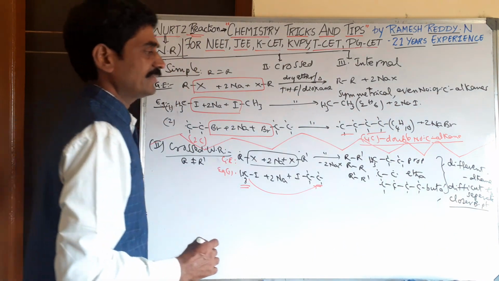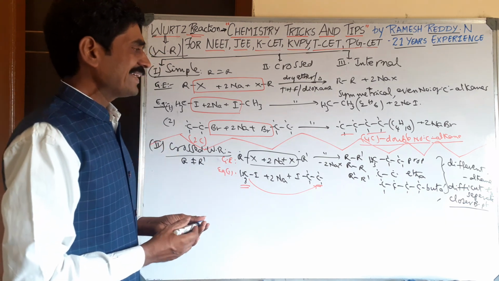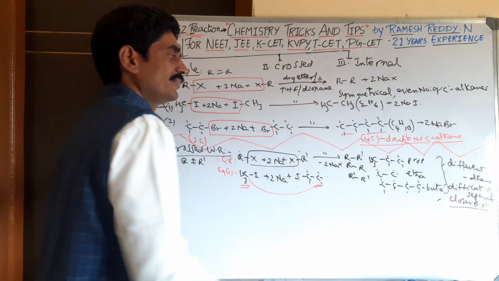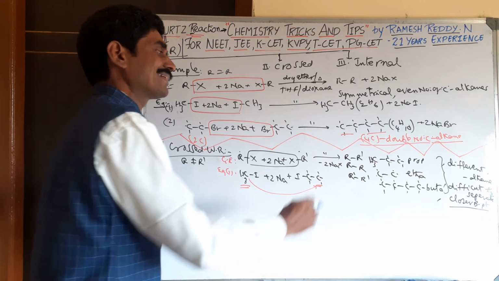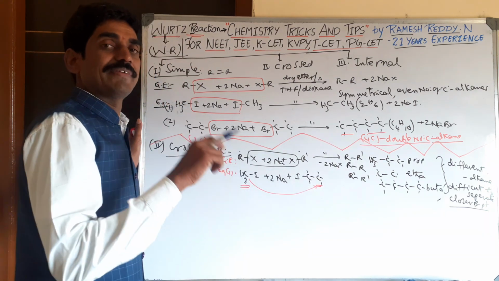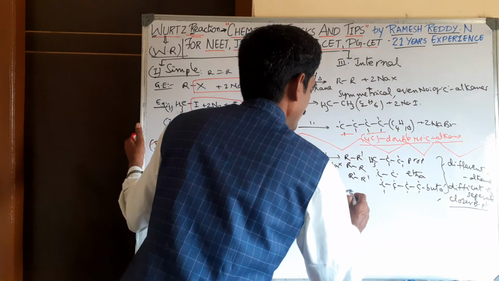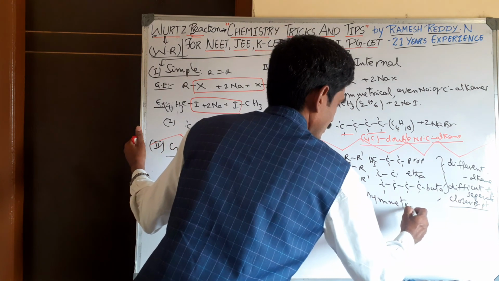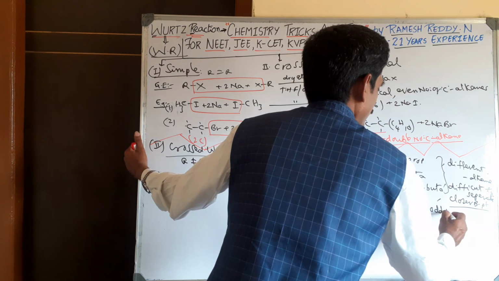Is it clear? Propane is an unsymmetrical alkane, having an odd number of carbons. So we get unsymmetrical alkanes containing odd numbers of carbon atoms.